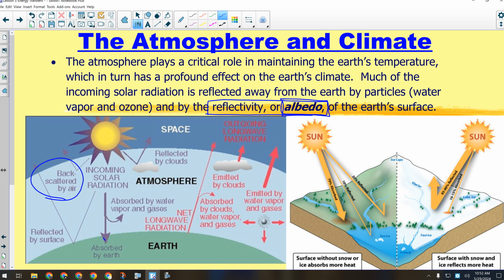The word albedo, super important term for this unit. Albedo is the reflectivity of the Earth's surface in a given location. Right? A high albedo means lots of reflection. A low albedo means lots of absorption.